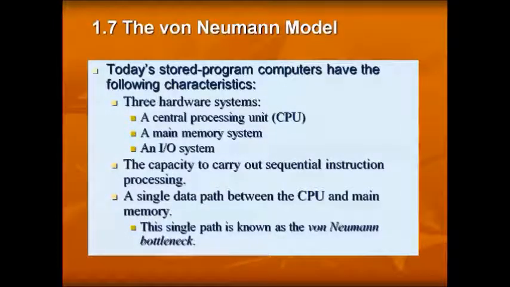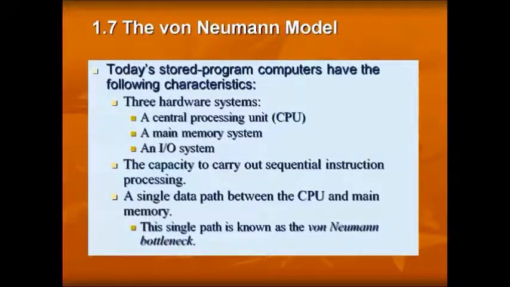The von Neumann model of these programmed computers has the following characteristics. The three hardware systems are the CPU, main memory system, and the I/O system. The capacity to carry out sequential instruction processing, and a single data path between the CPU and main memory. This single path is known as the von Neumann bottleneck.